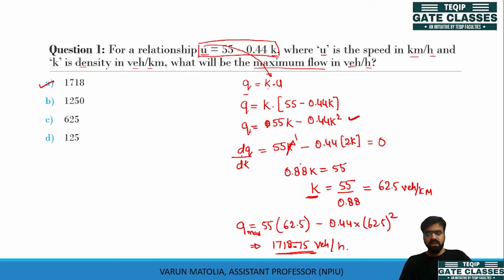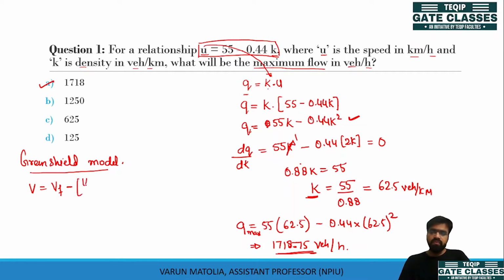What was the Greenshield model? Greenshield model says any velocity will be equals to free flow velocity minus the ratio of free flow velocity with jam density into a particular density at which you want to calculate the velocity. So this was your Greenshield model.